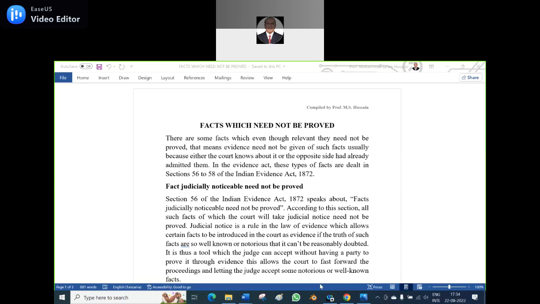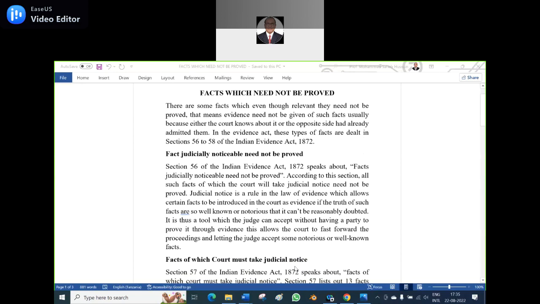In the Evidence Act, these types of facts are dealt with in Sections 56 to 58 of the Indian Evidence Act 1872. And when you see Section 56, it speaks about, I quote, facts judicially noticeable need not be proved, I unquote.